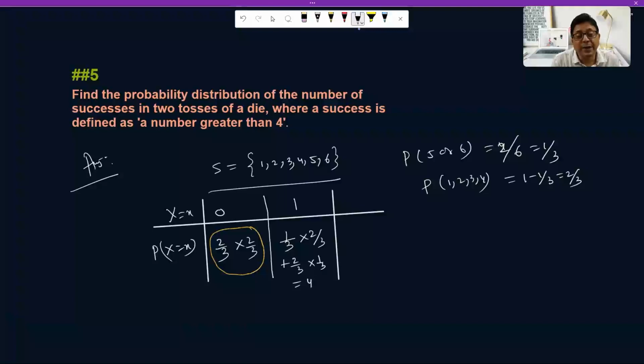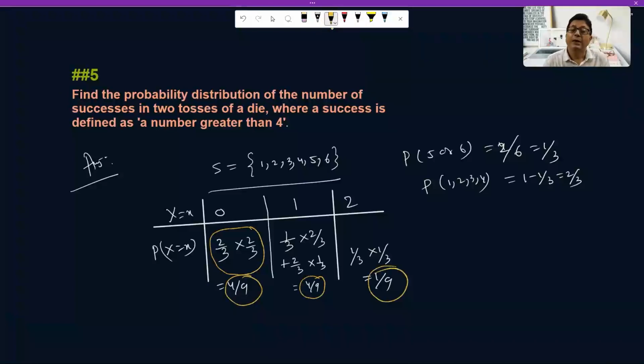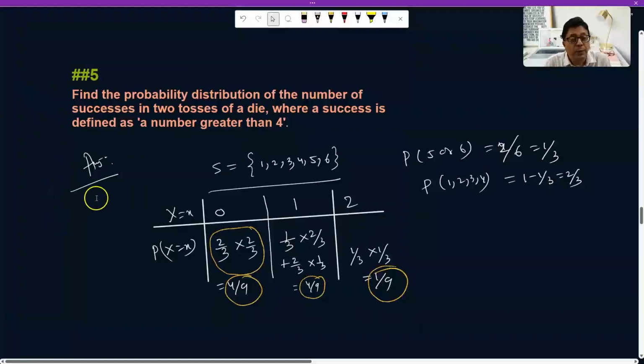So 2 by 9, 2 by 9, it will be 4 by 9. Clear? Now, when the value is equal to 2, you are getting 1 by 3 into 1 by 3. Probability is 1 by 9. Clear? So the sum of these probabilities again is going to be equal to 1. So this one is a probability distribution.